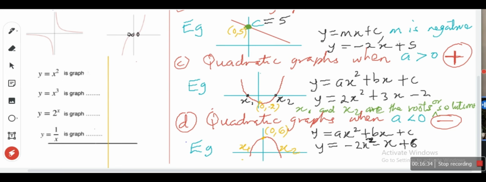See the space I created for it on the left hand side. Let me write the equation. 2x squared plus 3x minus 2 equals 0. I think it's factorizable, so let's solve it by factorization.